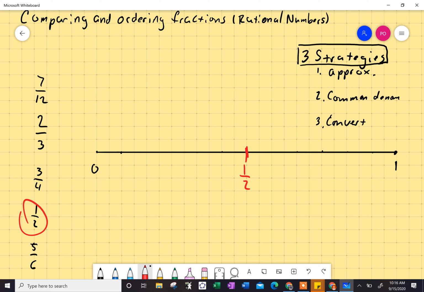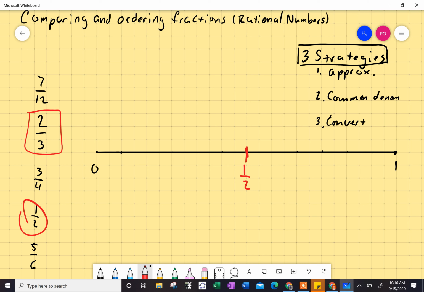I'm going to look at 2/3 next. 2/3, well, if I had 3 things, and I had one of them, that'd be less than half. If I had 2 of them, that'd be more than half. So 2/3 is someplace more than half.